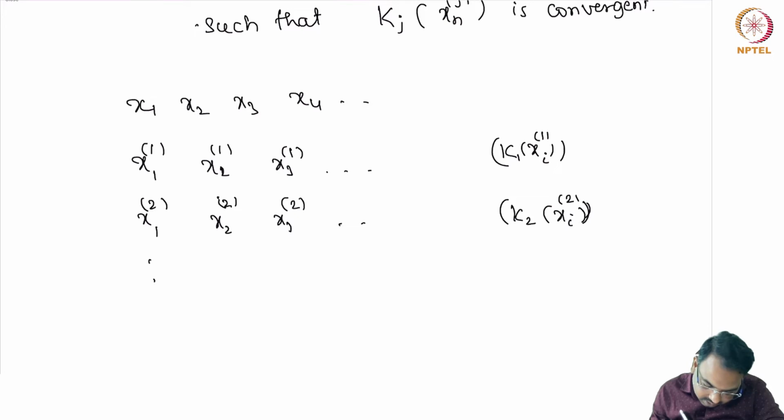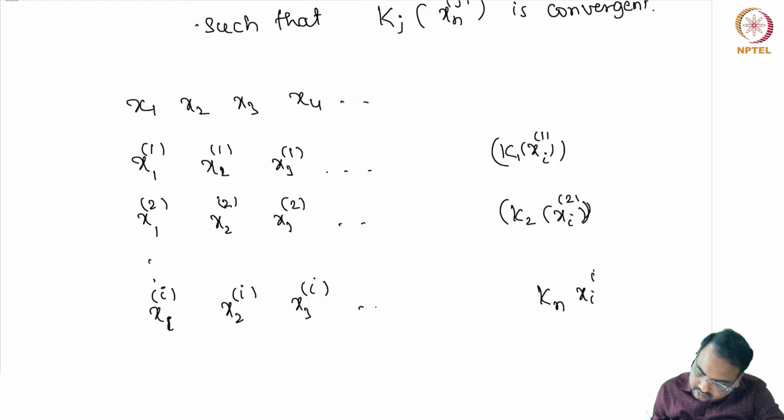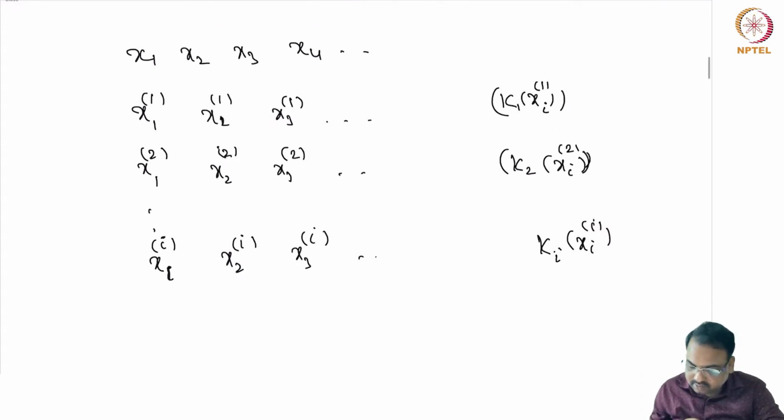So proceeding in this way, we can get x1n, x2n, x3n, and so on, such that Kn of xin is convergent.